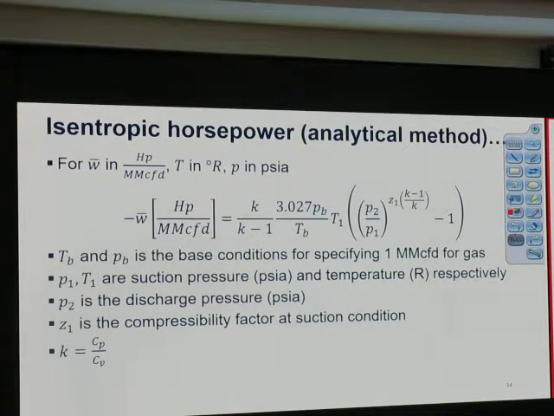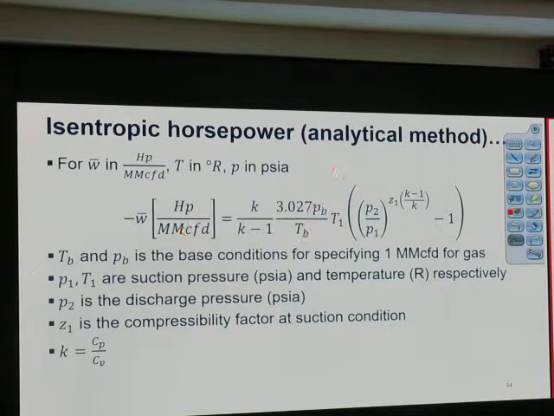It's work done on the system described in power per mass flow rate, or horsepower per MMSCFD. Actually, this should be SCFD. MMSCFD, standard condition, defined as TB, temperature, and PB, pressure, base pressure and base temperature.